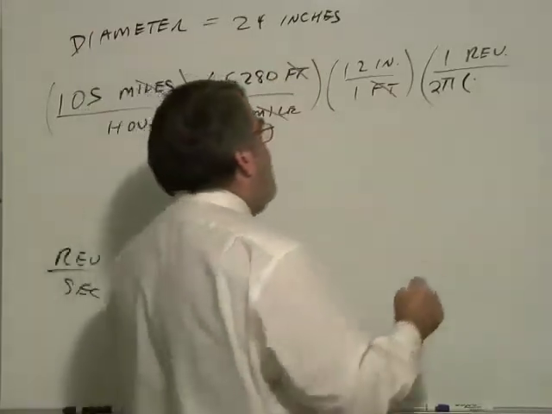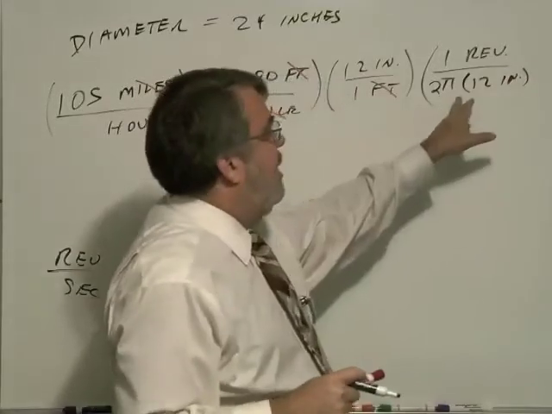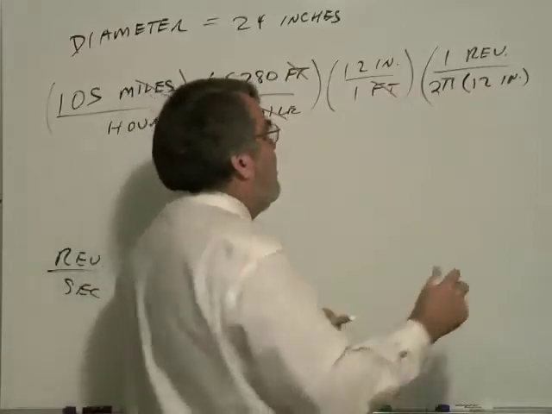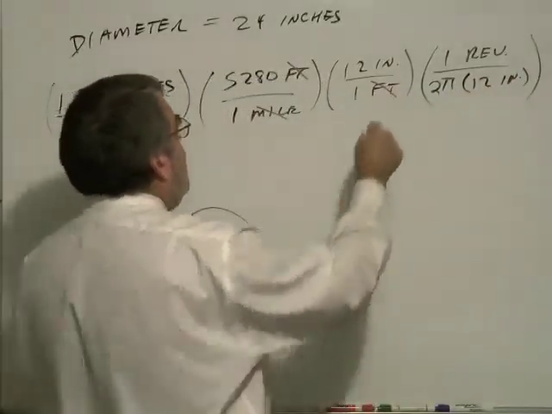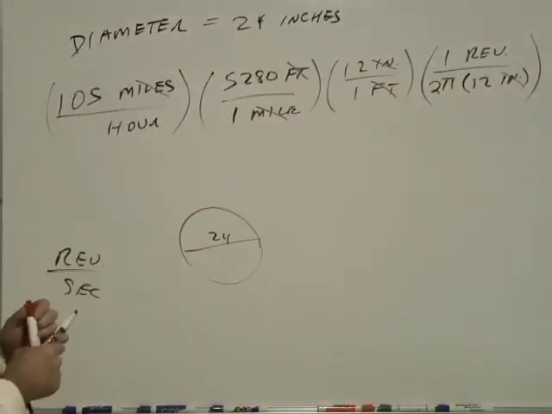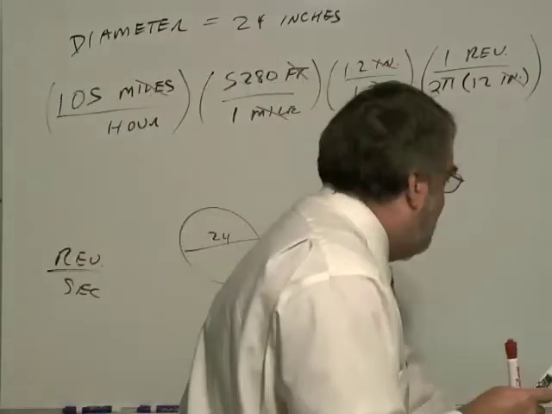Careful when you read these. So 12 inches. I could also put pi times the diameter. Pi times 24 would work just as well. Alright, I'm running out of board space going left to right here, but now I'm up to revolutions per hour. And so I'm going to continue multiplying down below.